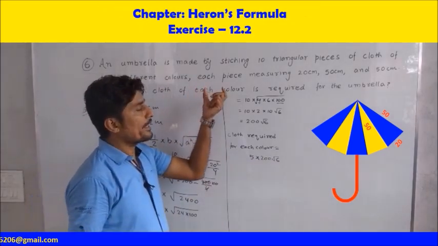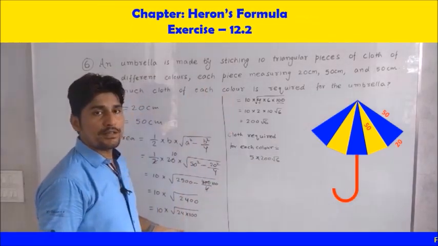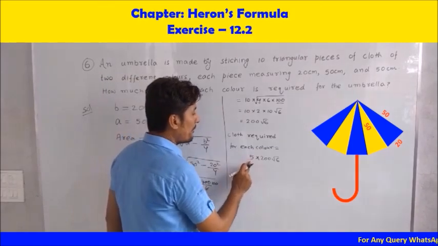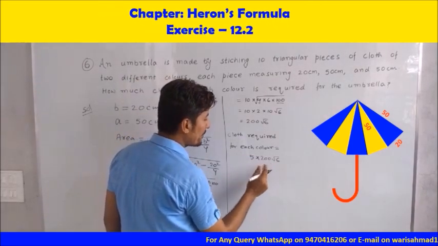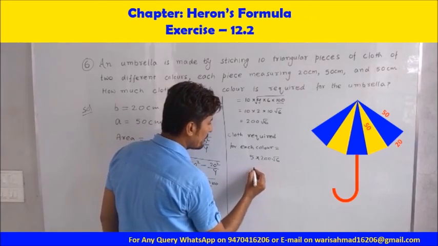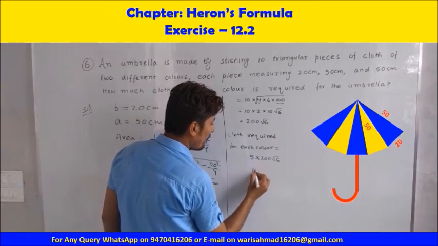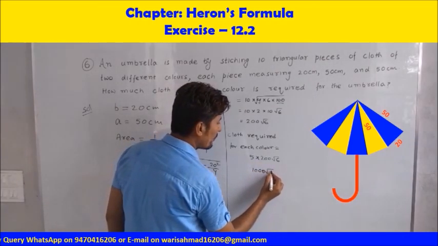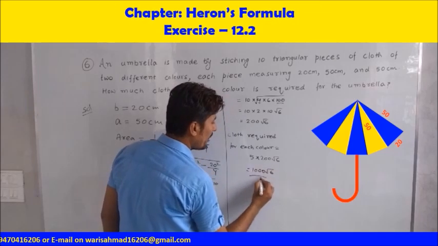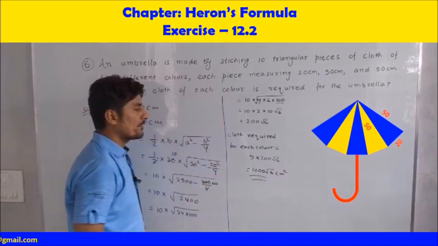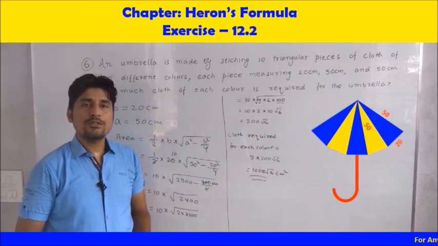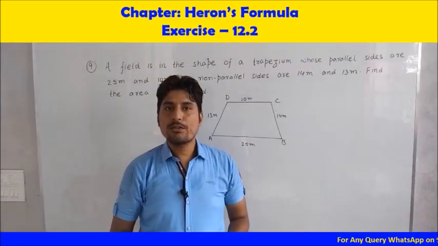Because there are 10 triangular pieces of 2 different colors. So the number of pieces of one color will be equal to 5. So 5 multiplied by 200 root 6, the result will be equal to 1000 root 6. So this is the final answer, 1000 root 6 centimeter square. So this is the final solution of this question. Now let us see question number 9.